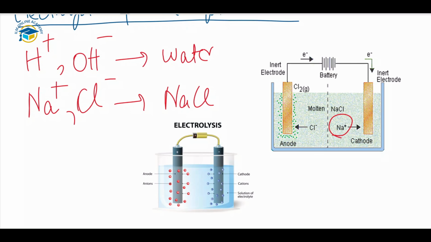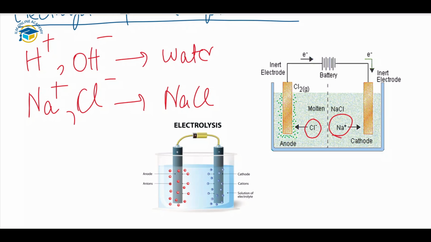We have sodium and chloride ions present there. Sodium ions are attracted towards the cathode and chloride ions towards the anode. So chlorine gas is being formed at the anode and sodium is deposited on the cathode.